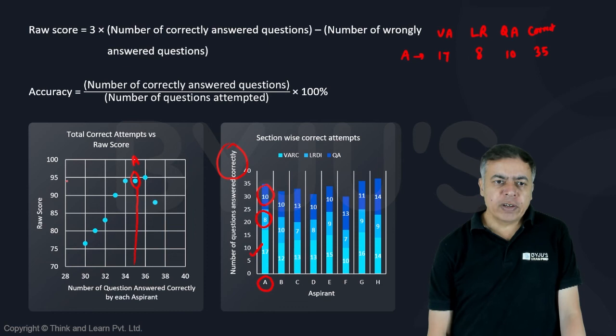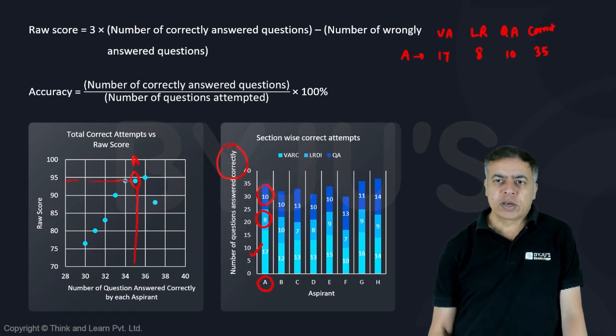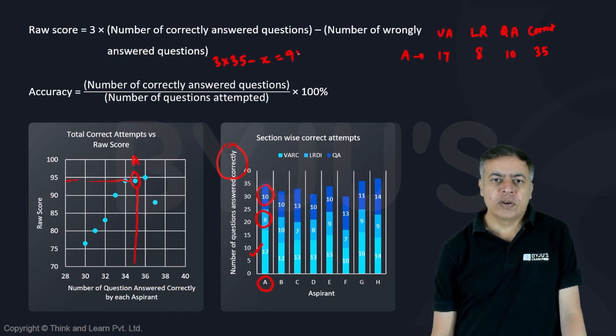And with 35 correct, his raw score should be 94. Now according to the formula, 3 into 35 minus some wrong answers should be 94. So 105 minus 11, so wrong answers must be 11.